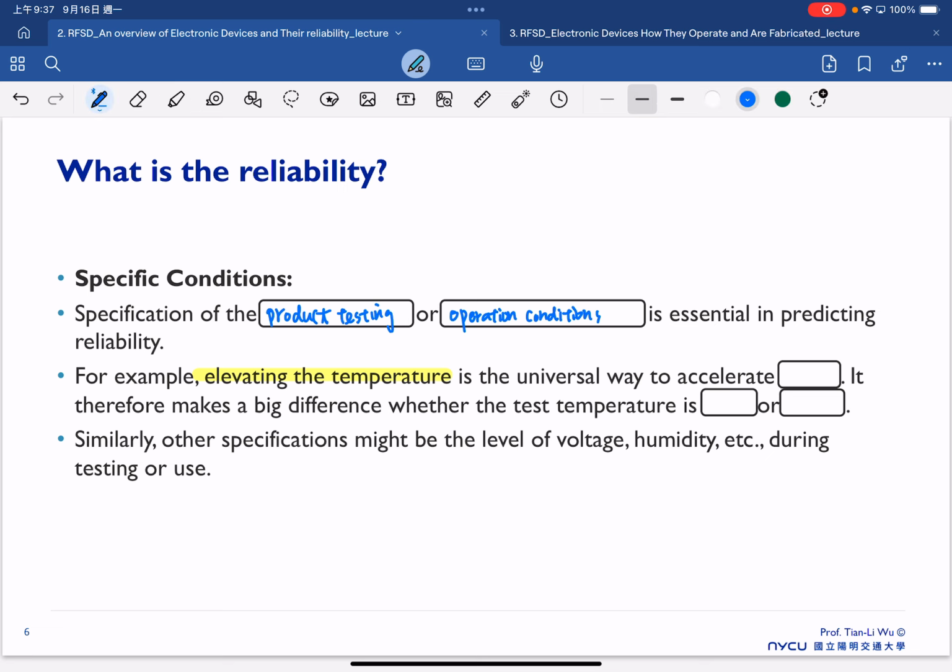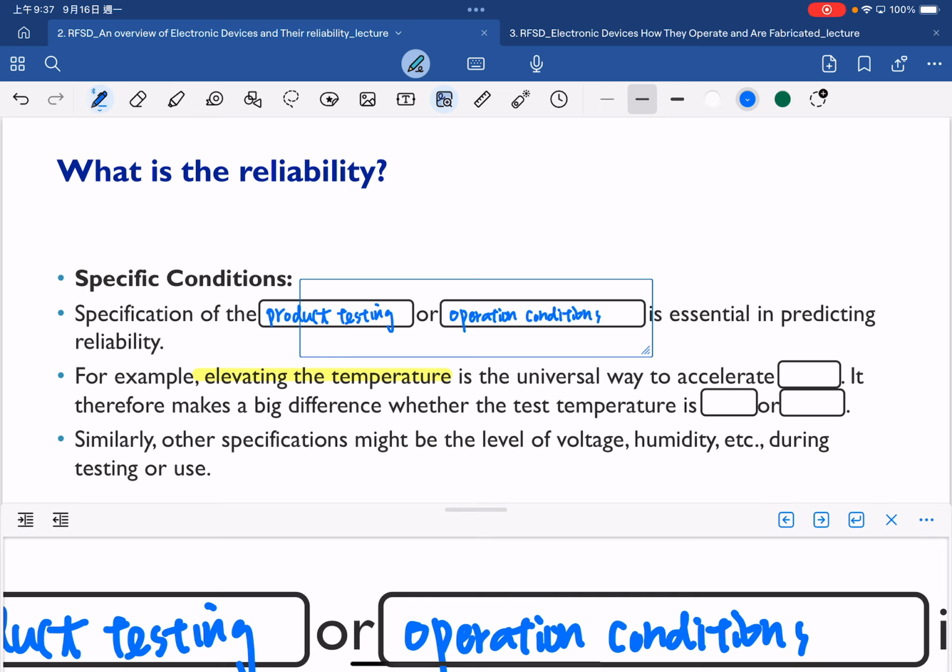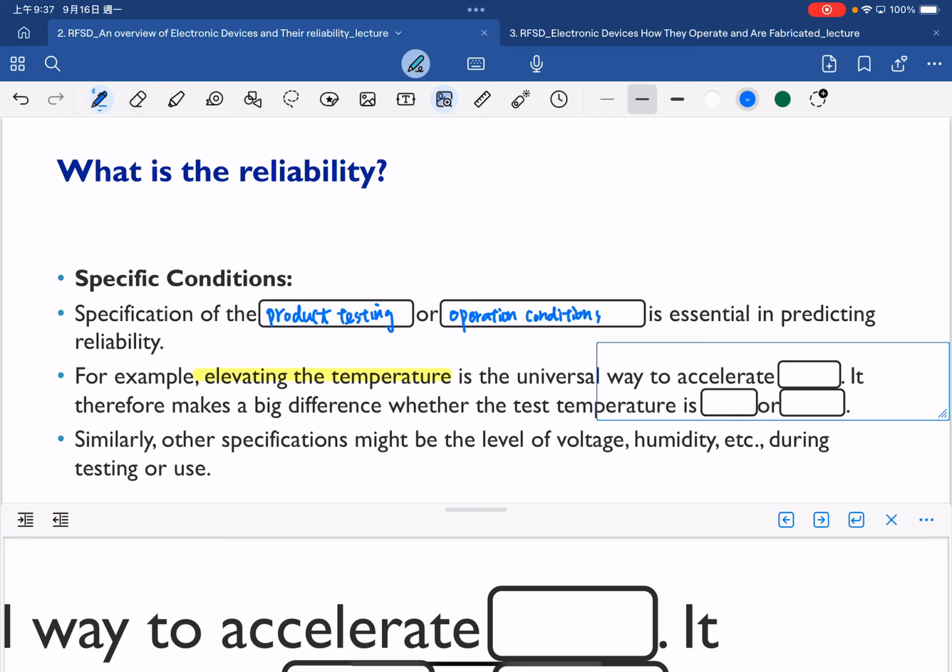Most of the time, when we try to heat up our semiconductor device or semiconductor electronics at high temperature, we always try to accelerate the degradation. That means we try to accelerate the failures.